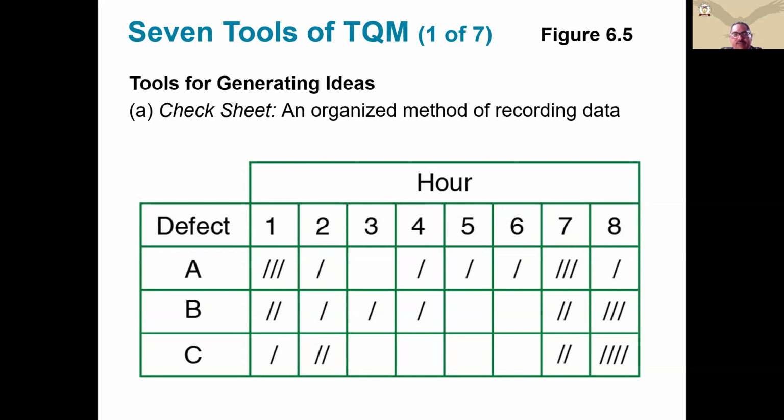Those kinds of situations, then you will be able to make an inference, right, based on the data that you collect using a check sheet. Right? So that's the first tool that we have, right? And it can be fairly simple. Just keep a tally, right? Keep a count of how many times there is a defect in the process.